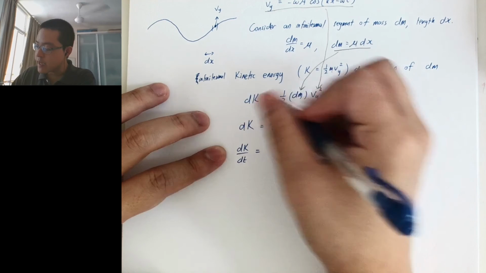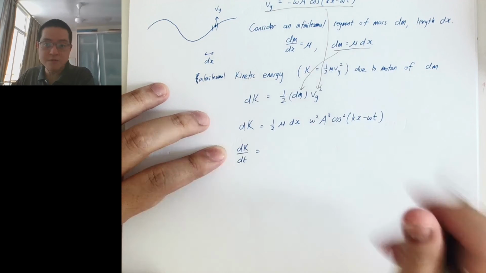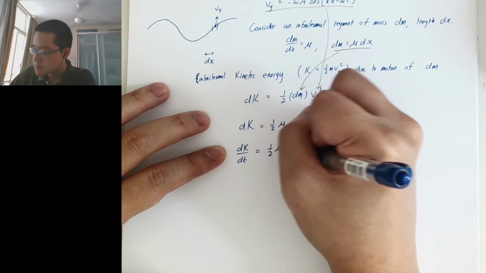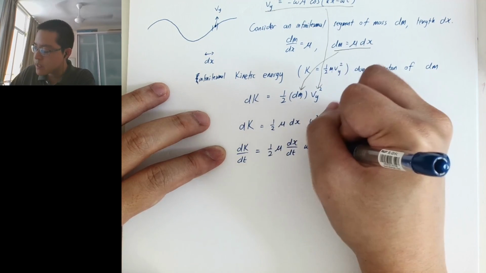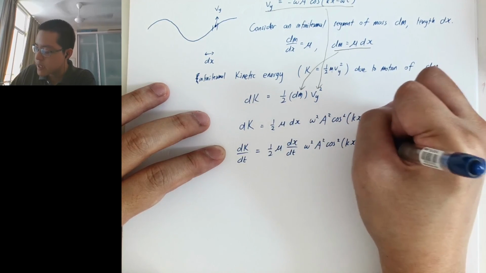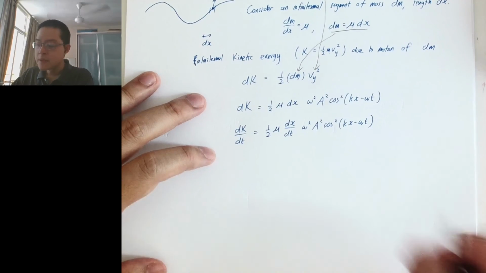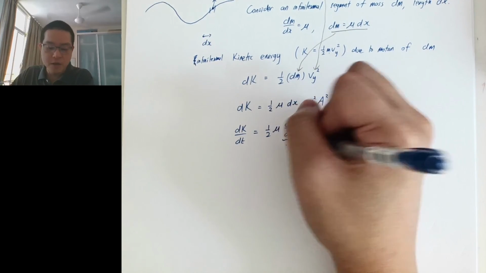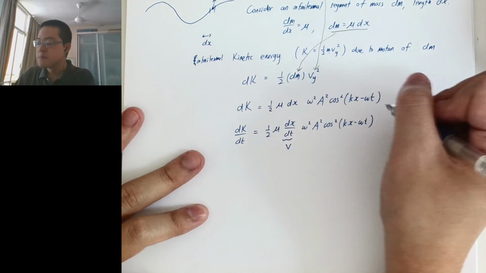Okay, so dK/dt is basically differentiating both sides with respect to time. Omega squared A squared cos squared (kx minus omega t), right? And this is the propagation velocity, so this is v, right?